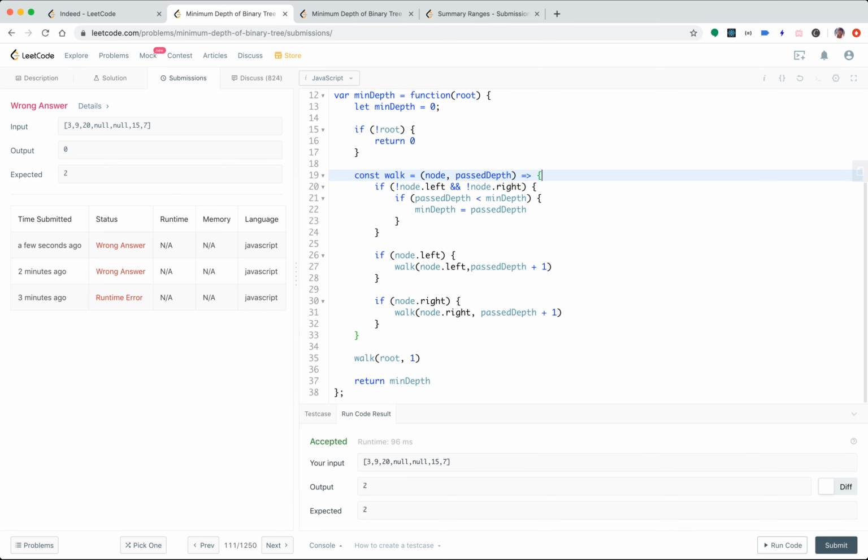Let's run the code. Got 0. Ah, God. Here, I made a mistake. It should be number positive infinity.